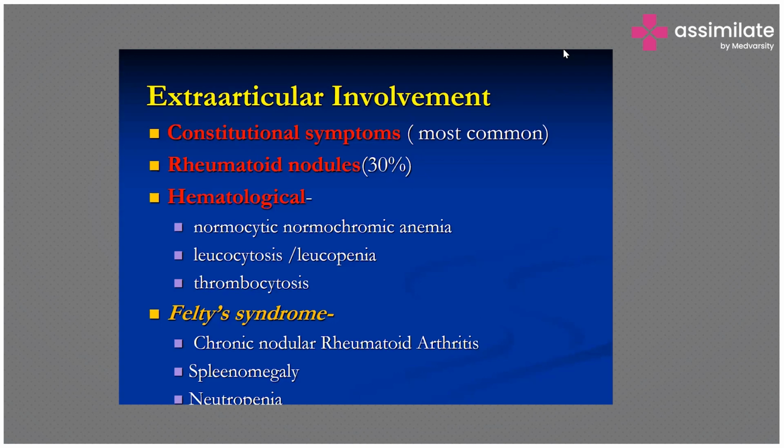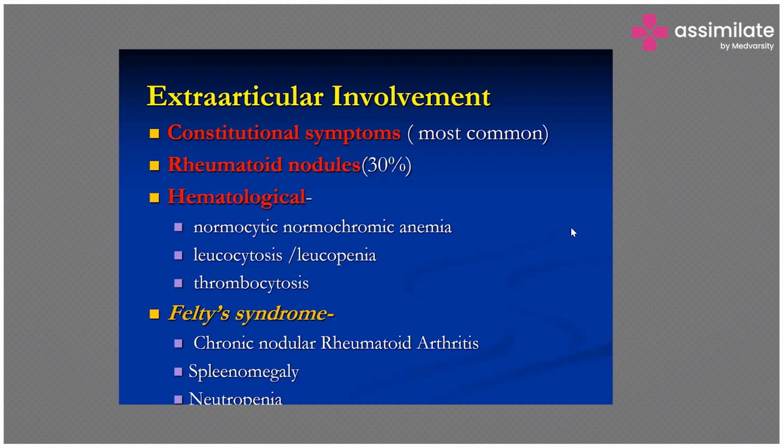Neutropenia is there, splenomegaly is there, and there is chronic nodular rheumatoid arthritis. Blood and spleen. Okay. So always remember, in Felty syndrome the involvement is mainly for the skin and the respiratory system. These are the pearls you have to remember, Felty syndrome and its three points is a triad. You have to learn it by heart.